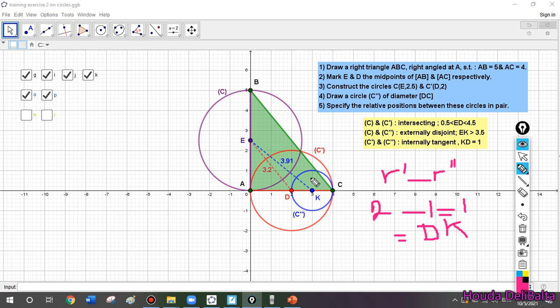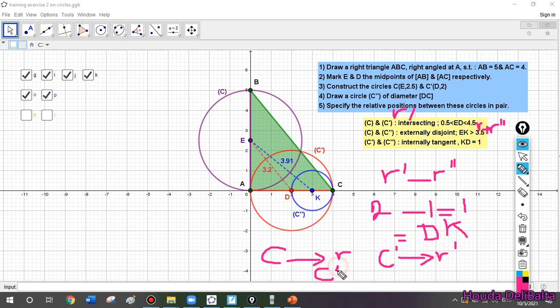And here, the distance is greater than r plus, we have to write r double prime. I guess I said r prime, it is r double prime as well, because whenever I say the circle C double prime, I have to say the radius is r double prime. If the circle is C prime, then the radius is r prime. So, to recall, for C, the radius is r. For C prime, the radius is r prime.